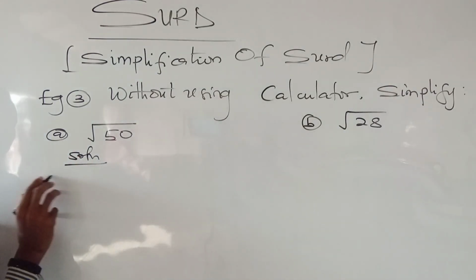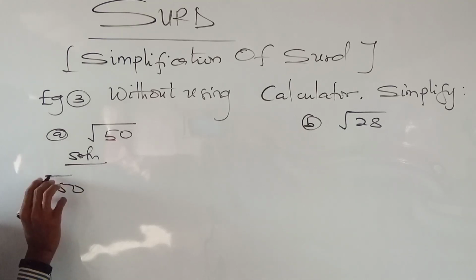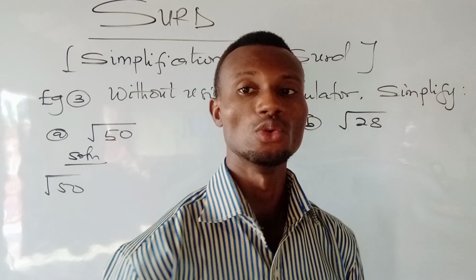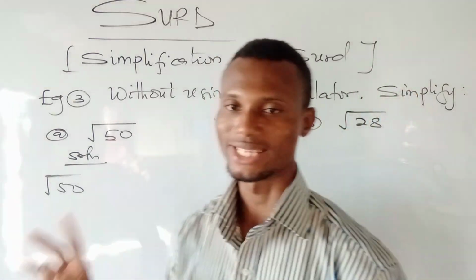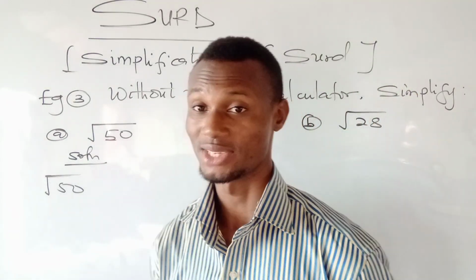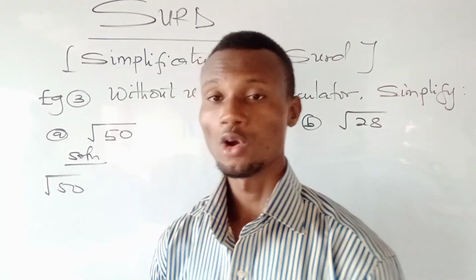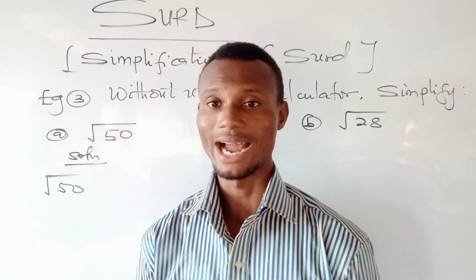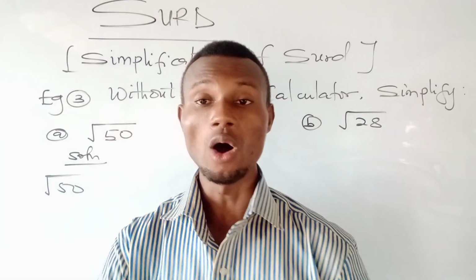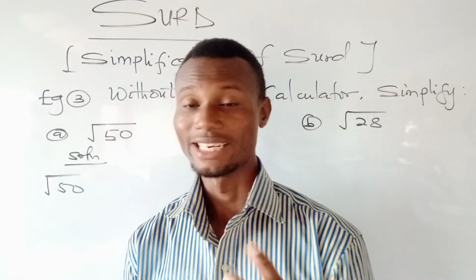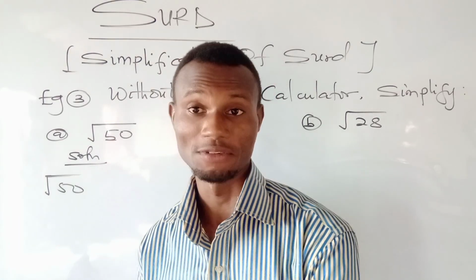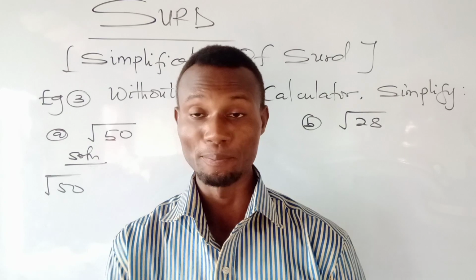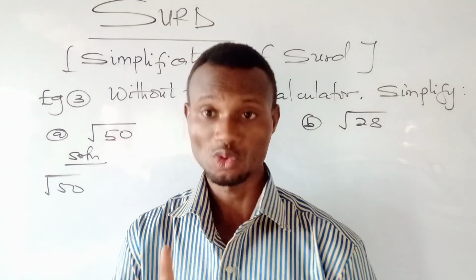So I have square root of 50. I explained in the previous videos that you look for two numbers that multiply to give you 50, but one of those two numbers needs to be a perfect square. You can choose to write down all the possible pairs of numbers that multiply to give you 50, then go ahead and pick the one which has a perfect square in it.